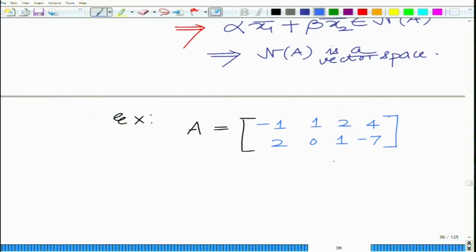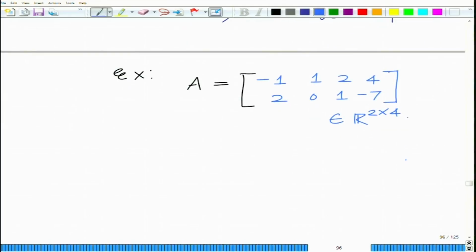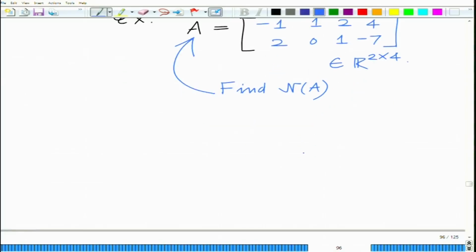This is a 2 cross 4 matrix, belonging to the set of 2 cross 4 real matrices, and what we want to do is find the null space of this matrix A, and this can be found as follows.